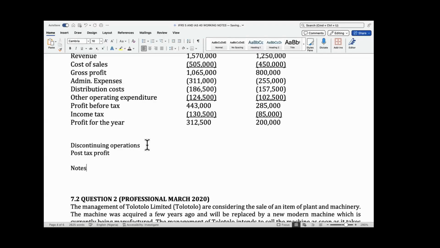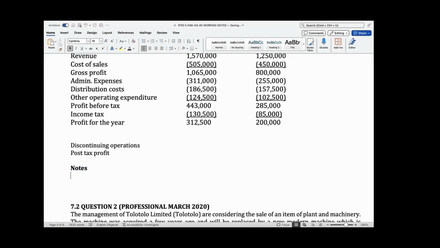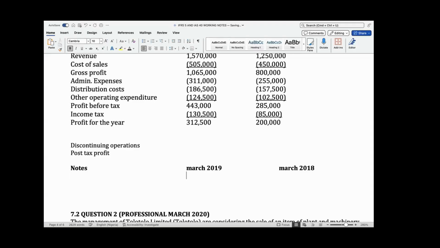Then in my notes, I can then break it down into March 2019, March 2018.